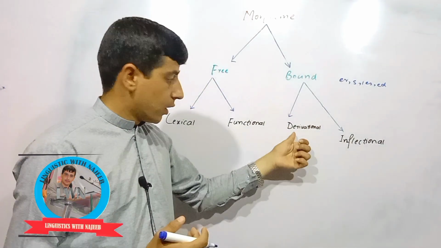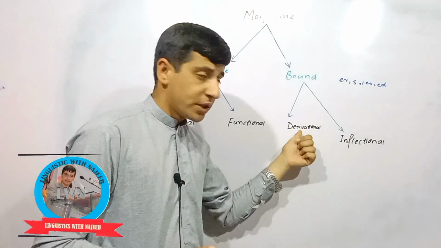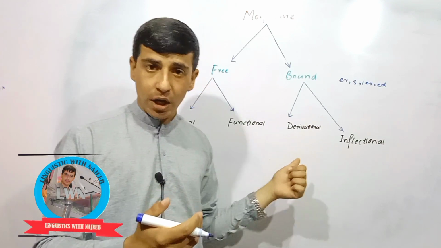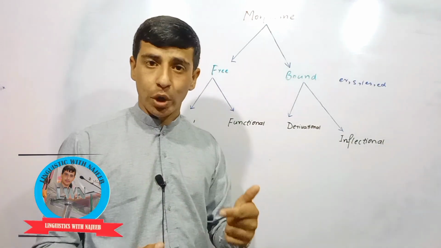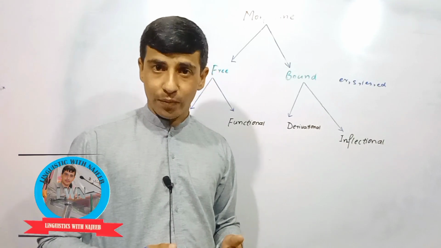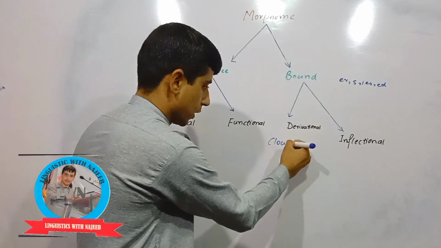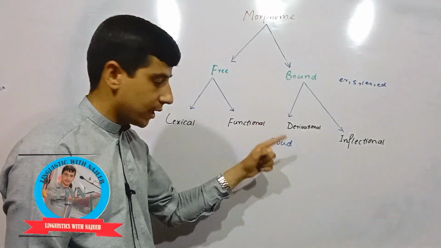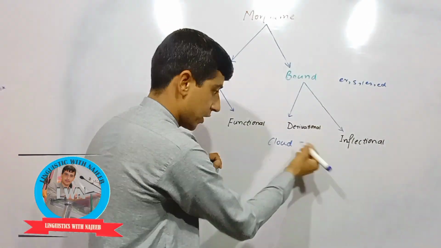First, I would like to discuss the derivational morpheme. A derivational morpheme is that type of morpheme which is added to a root in order to create a new word with a different meaning and a different grammatical class. For example, the word cloud is a noun, and we are adding with this noun a -y.